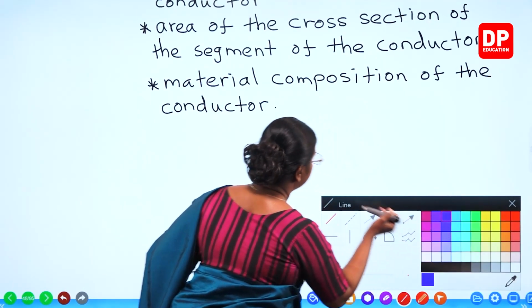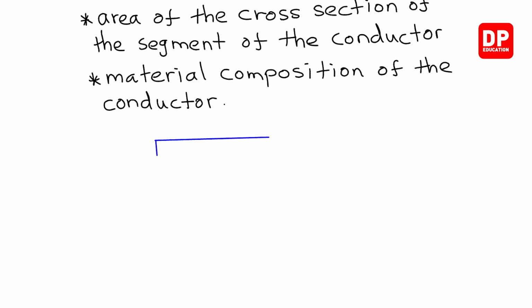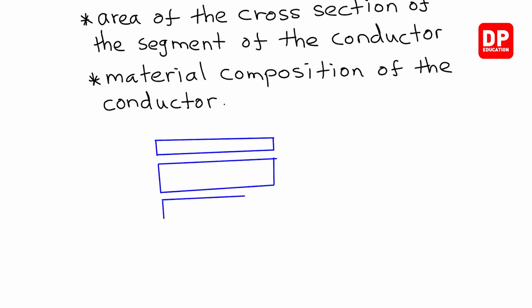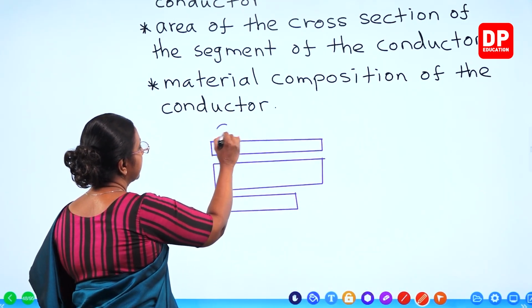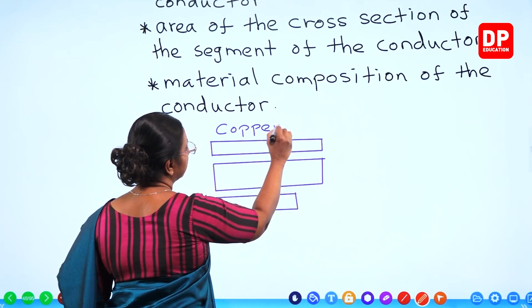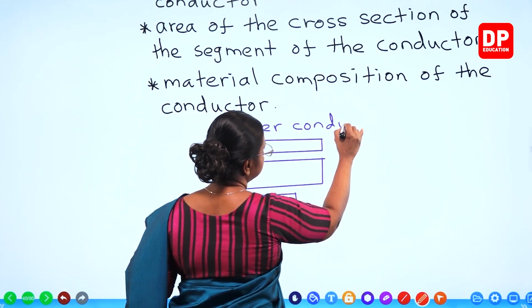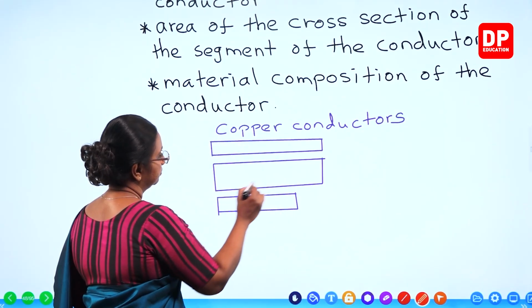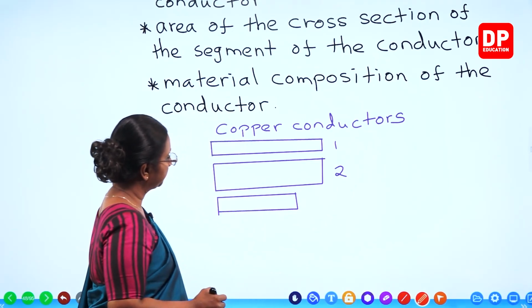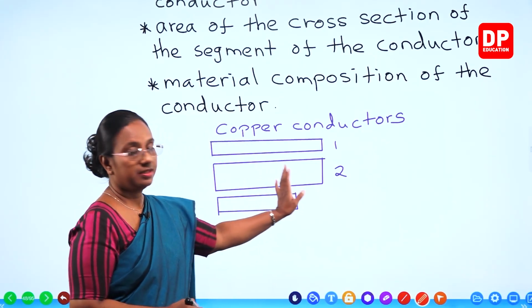Let's say you have a conducting wire like that. If we consider these as copper conductors, and take the first two, 1 and 2, you can see their length is equal.